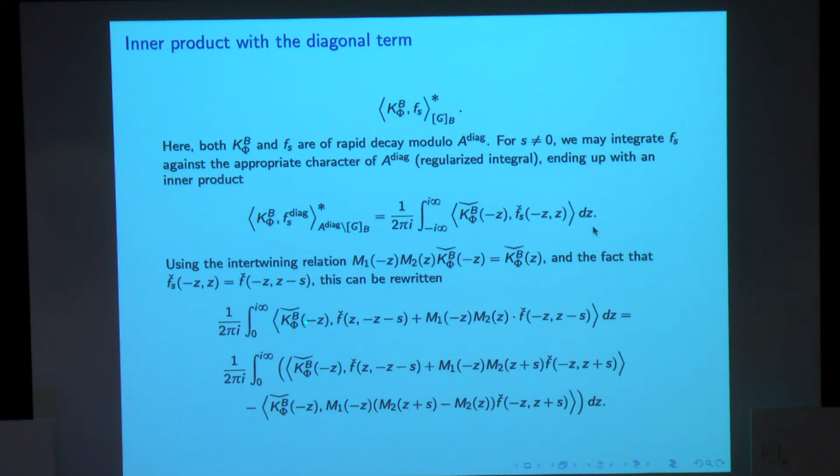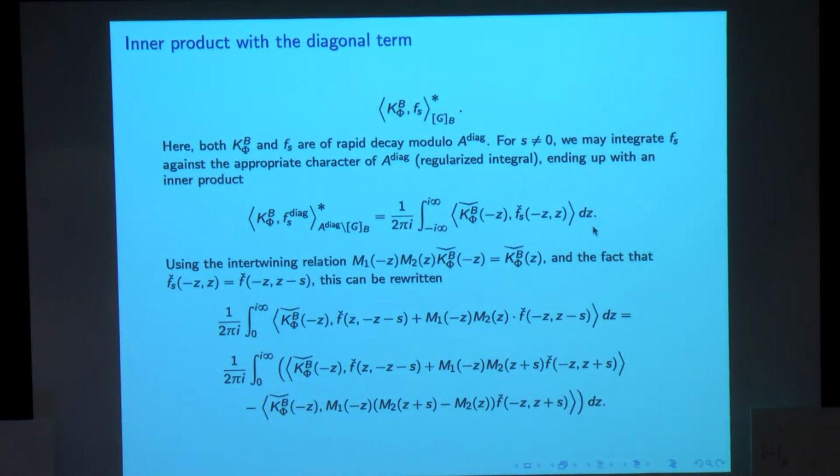What matters is the process that one follows. So you use this symmetry in order to write this as an integral from 0 to i infinity of the kernel function against the Mellin transform of f together with these intertwining operators. M1 and M2 refer to intertwining operators in the first or in the second argument.